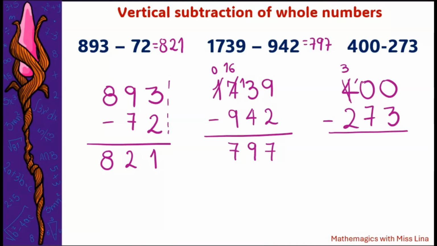So this 0 becomes a 10. Now it has something, so the next one can borrow from it. So 10 becomes a 9 to give 1 to the 0 that we need. So now finally this is a 10. 10 minus 3 is 7. 9 minus 7 is 2. And 3 minus 2 is 1. 127.